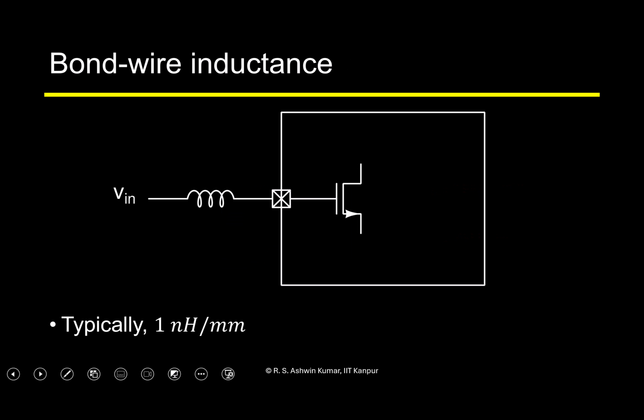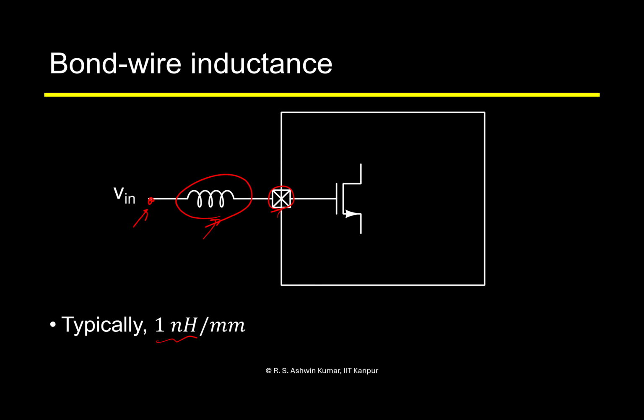So finally, this is how your circuit will look. Let us say this is your actual chip, and this is the connection to the pad. You are thinking you are feeding the input directly like this, but unfortunately, no. There is a big inductor sitting between your circuit and you, modifying the circuit. Typically, this can be of the order of 1 nanohenry per millimeter. So you should take into account the effect of this bond wire inductance also.